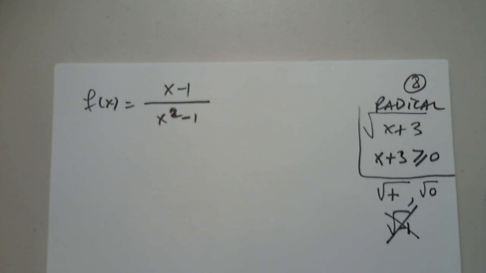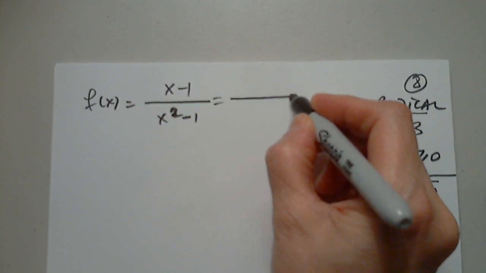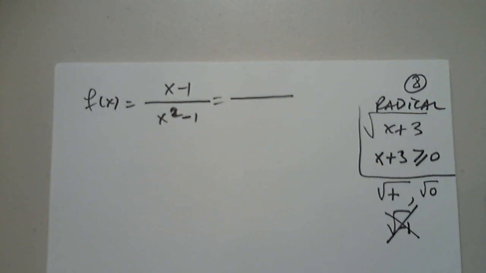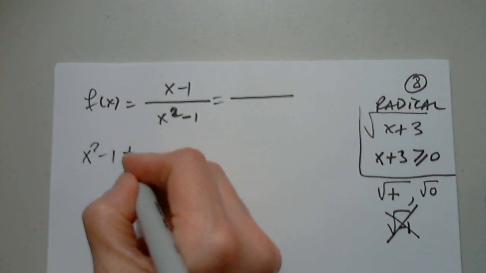It can't be 0. Where? The denominator. Correct. It cannot be 0 in the denominator. Good. So what do I have to do? How do I continue here? What do I have to write? Yes, you are correct. So x squared minus 1 cannot be 0.